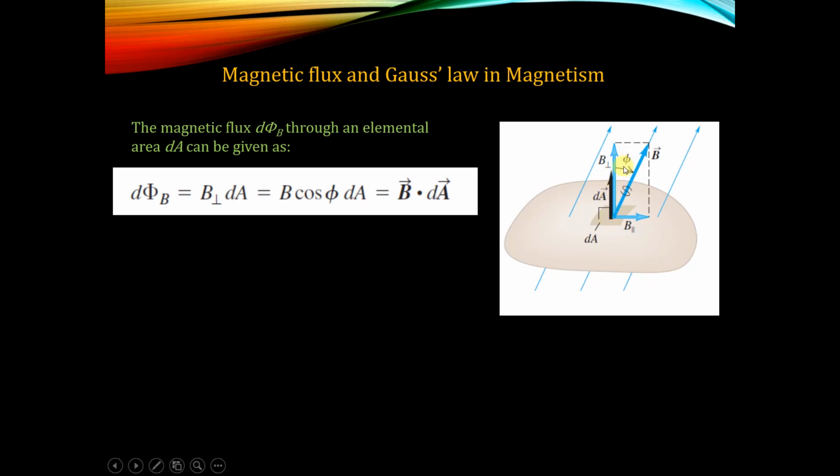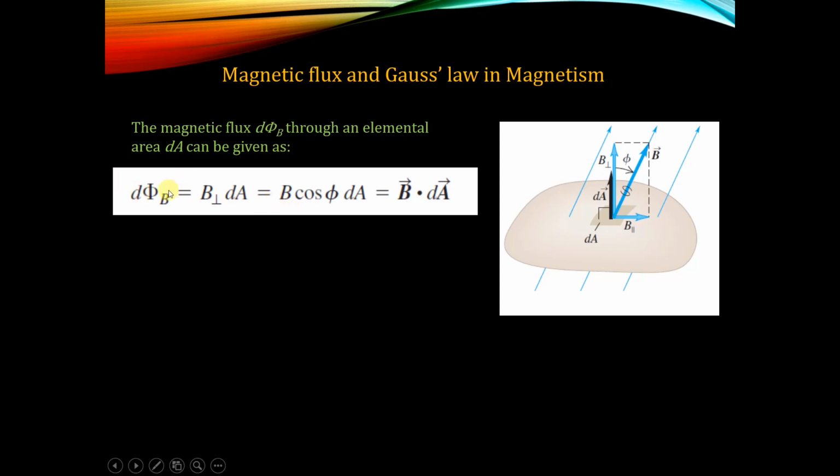This is just similar to what we understood about electric flux in the case of electrostatics. We defined it in a similar way, and here also the definition for flux comes in a similar way. So the total magnetic field enclosed in the surface is what is going to be represented by the magnetic flux.